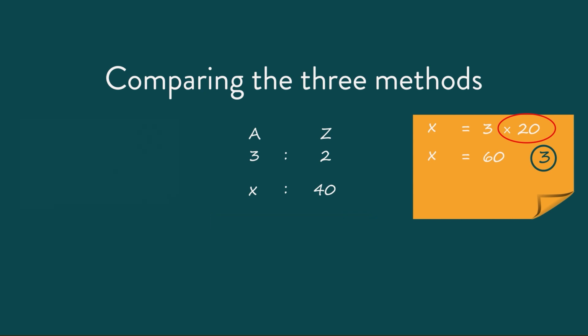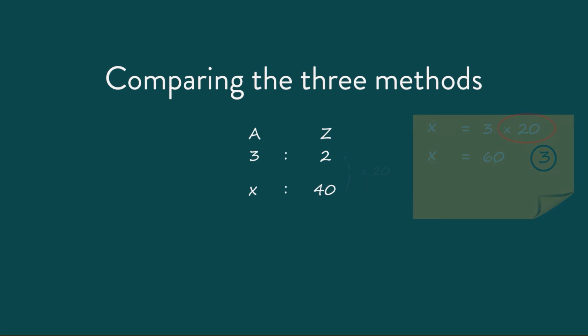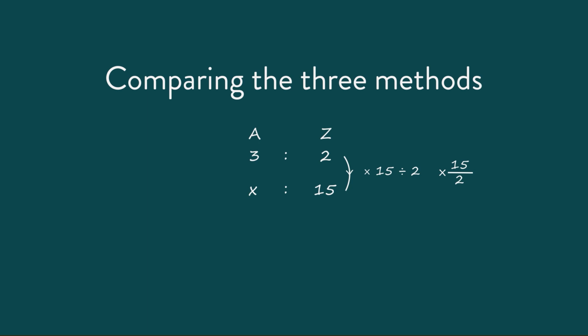However, this is only because the multiplication factor 20 is determined off the top of our head, as it were. Let's see how to use the method when the actual amount is not an integer multiple. For example, if Zach's amount was £15 and not £40, multiplying 2 by 15 gives 30, then dividing by 2 gives 15. The factor then is 15 halves.